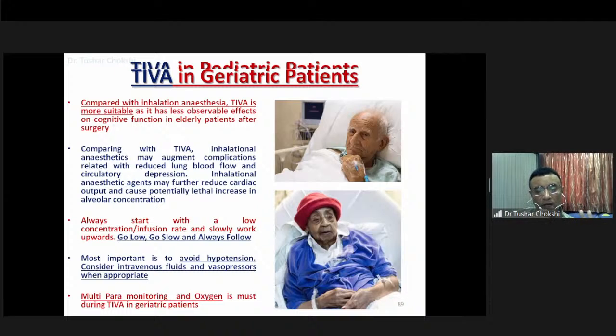The rule is multi-para monitor and oxygen is a must when you are giving TIVA. I get so many geriatric patients for 2-3 minutes or 5 minutes of anesthesia, like shoulder manipulations and cystoscopies. At that time, I am giving very slowly, very low. Practicing TIVA in my geriatric patients, I am very happy with monitoring and oxygen.